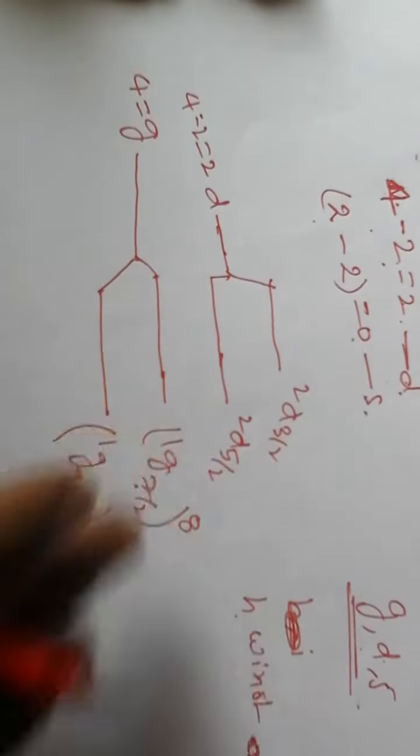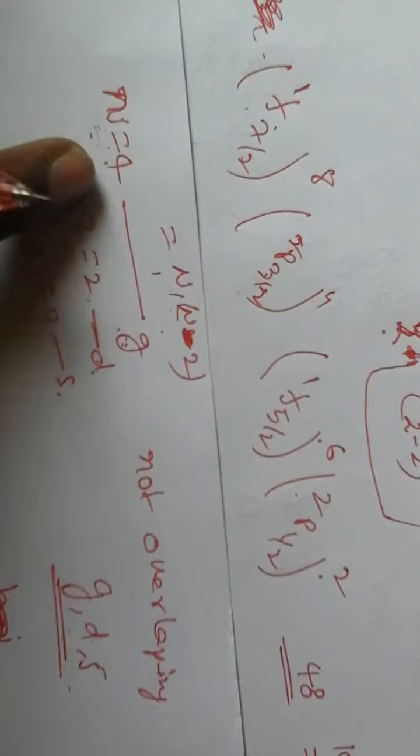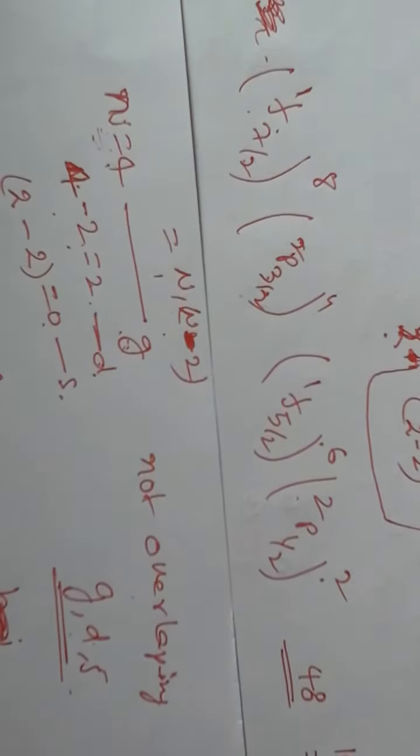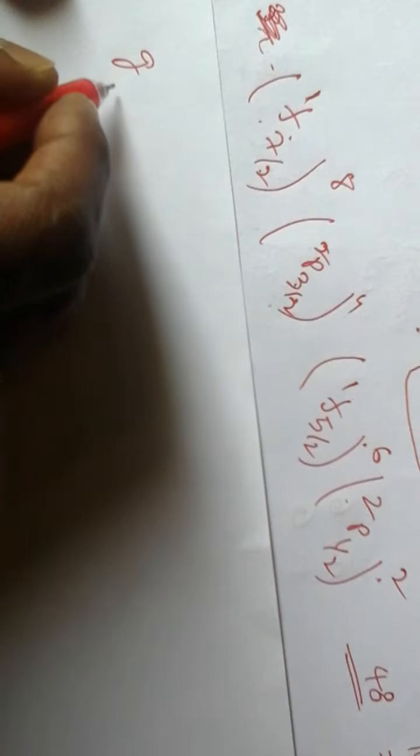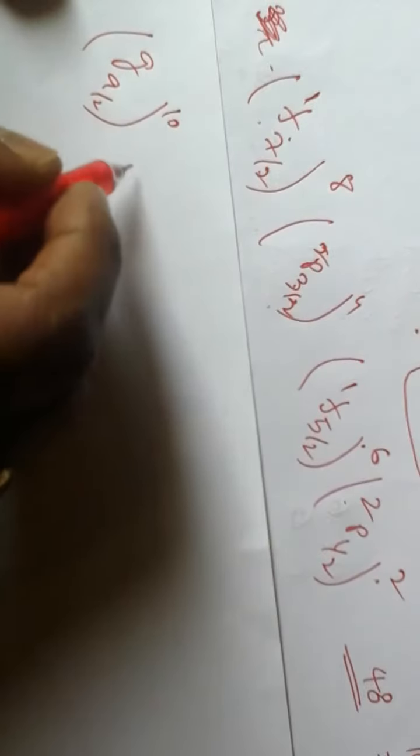So now if I extend this one to G orbit, the fourth orbit, what I am doing is next G orbit, G 9 by 2 over, power of 10.